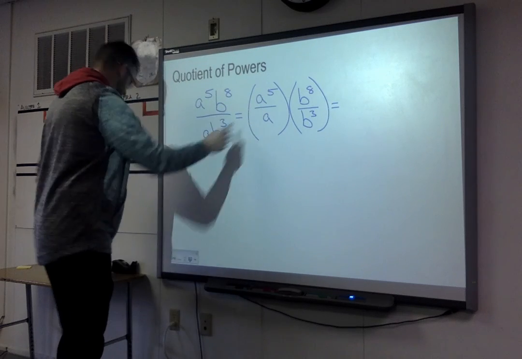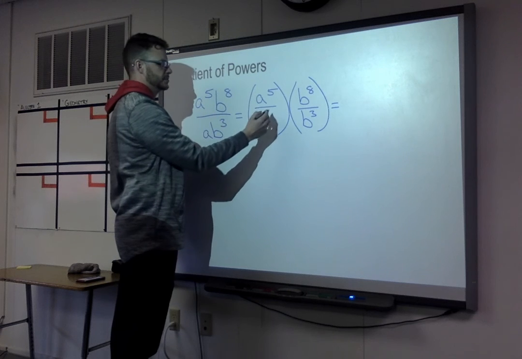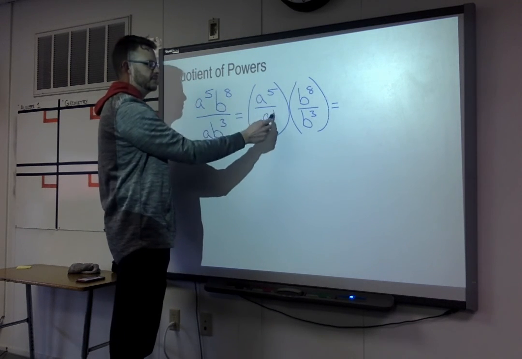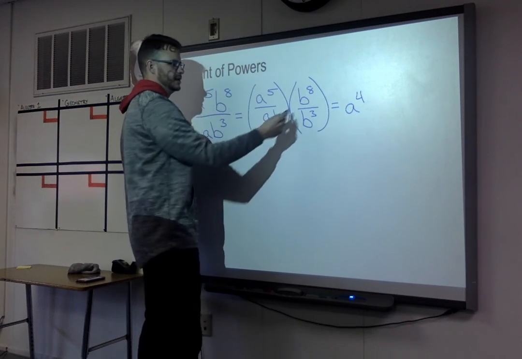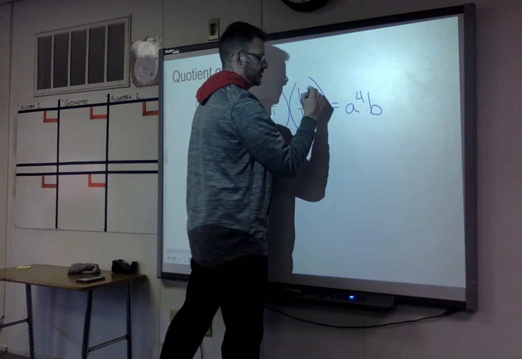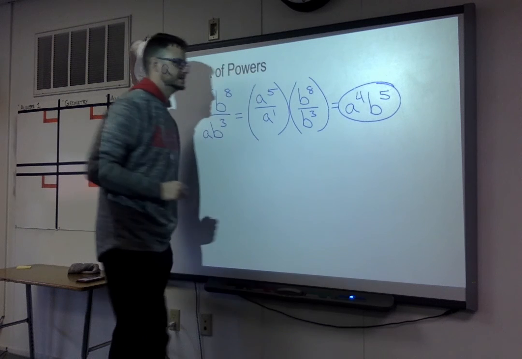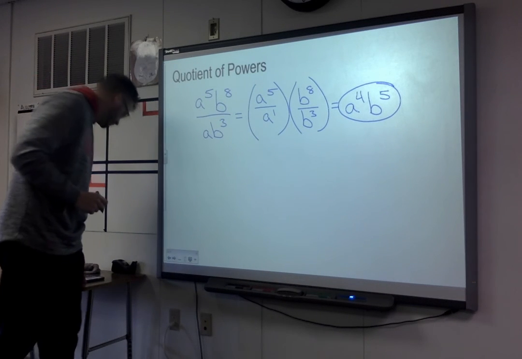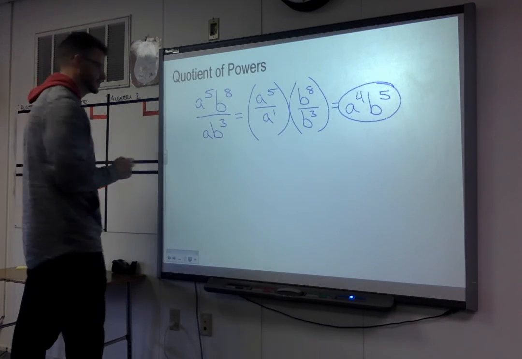Now, a to the fifth over a, if we subtract our exponents, a to the first, so we would have 5 minus 1 gives us a to the fourth, then b to the eighth over b to the third would give us 8 minus 3, so b to the fifth power. So that's what we do when we are dividing monomials here.